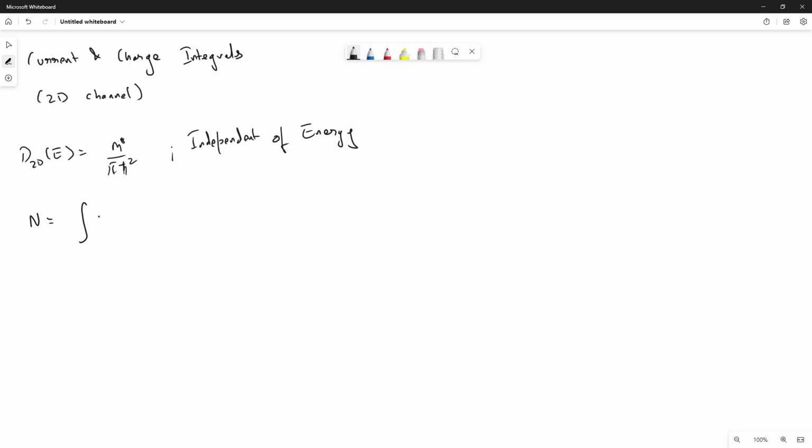Then what will happen to equation 1? For clarification, this will be D of E into (F1 plus F2)/2 dE.